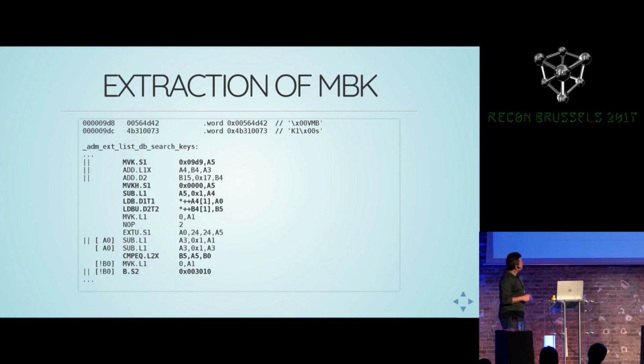One is subtracted, it's loaded to A4. B4 holds a pointer to the database string, that's the name of the database that we're going to load. And all this is a part of a memcompare, not the full memcompare.